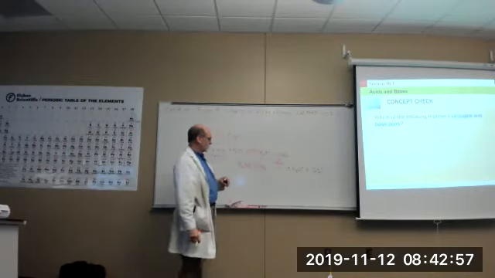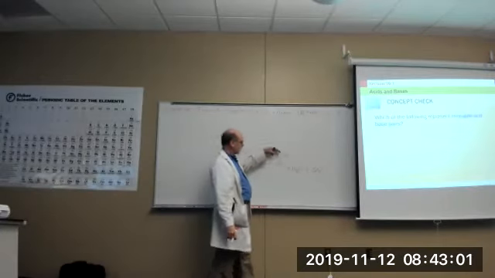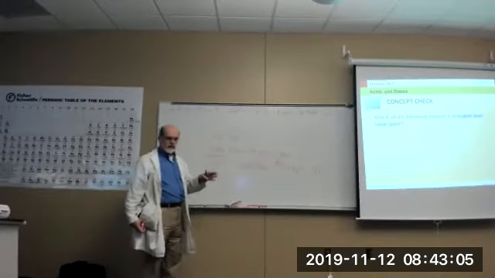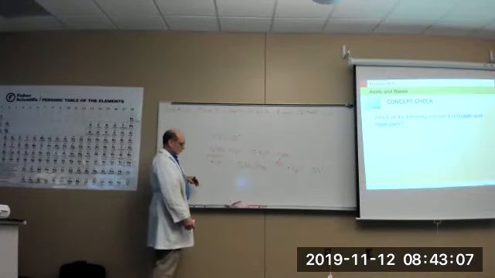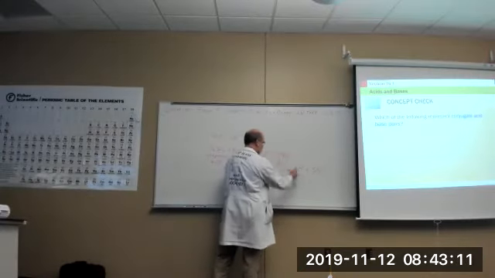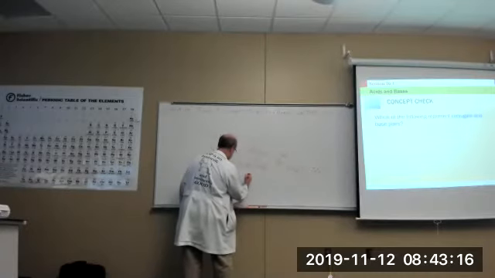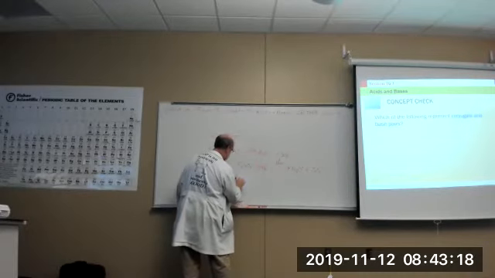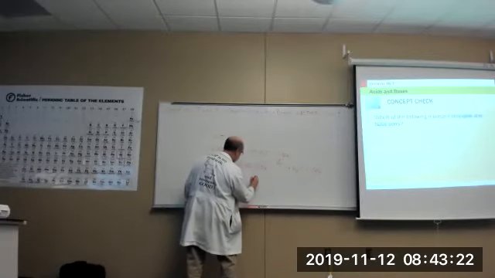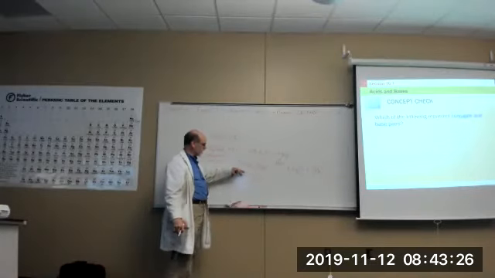Okay? So you have a series of reactions. We lost one proton here, we lost the second one here. Each one of those has an equilibrium expression. And the acid-base pair for this one would be HSO4 minus and SO4 2 minus. That's an acid-base pair, that's an acid-base pair.